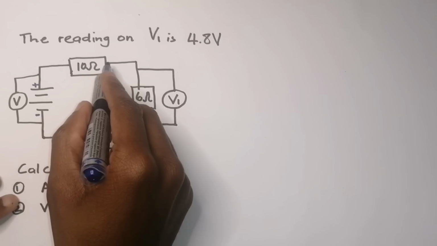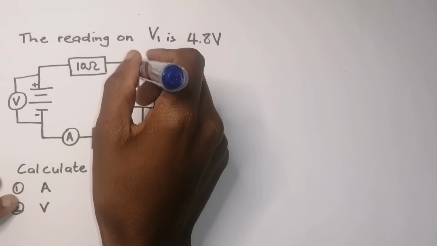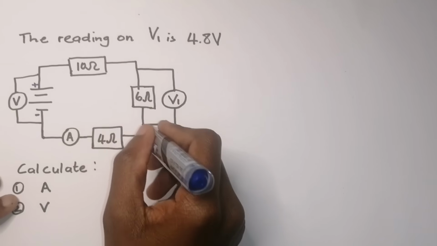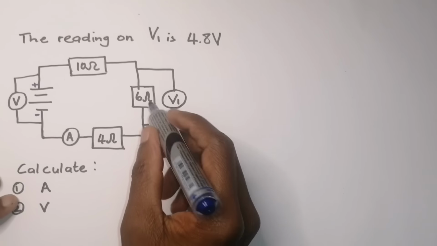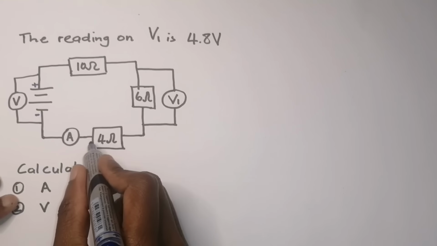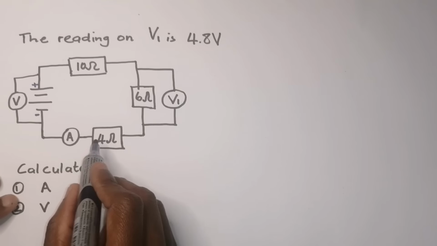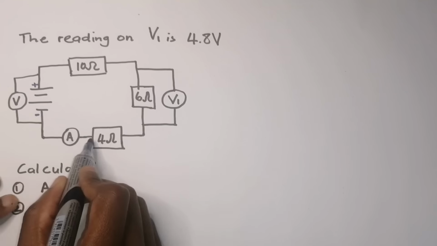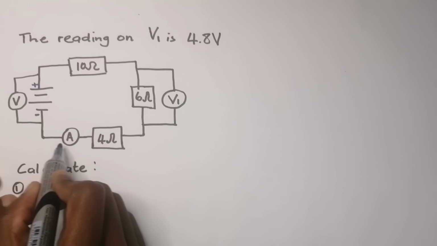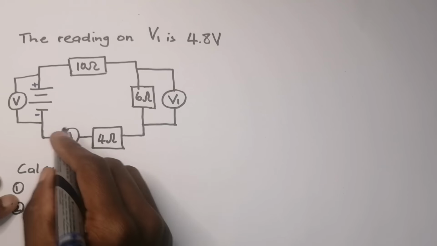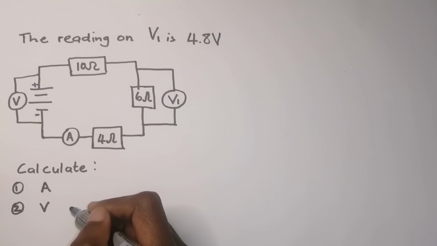So total current flows through 10 ohm. So therefore, the total current will also flow through the 6 ohm resistor. Can you see? Right? No other choice, but it has to flow through the 4 ohm resistor as well. And that total current is still also going to flow through that ammeter A there. And then obviously until it gets back into the battery, right?